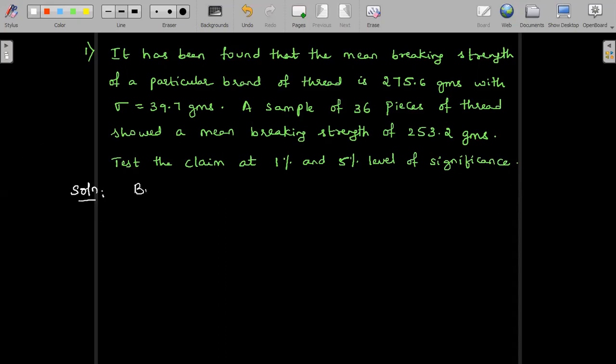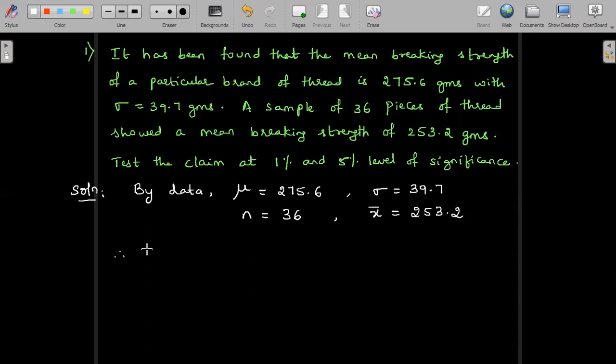So let us first write down from the data. By data we have the mean of the population mu equal to 275.6 and sigma is equal to 39.7. We are collecting a sample of 36 pieces. So n is equal to 36 and for that the mean of the sample is denoted by x bar, which is 253.2.